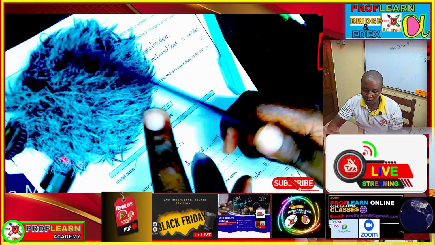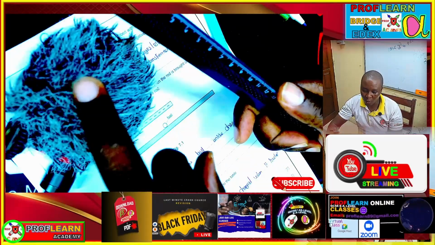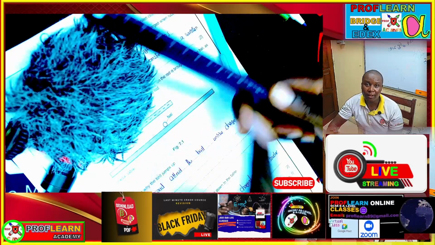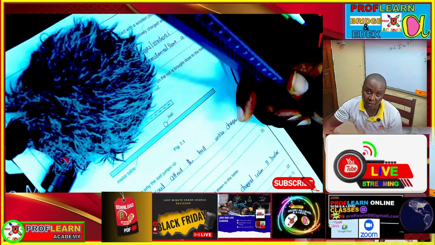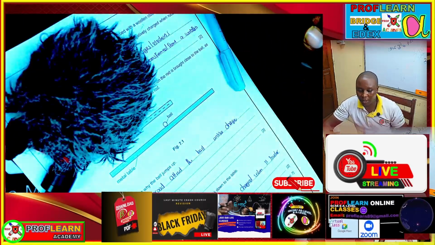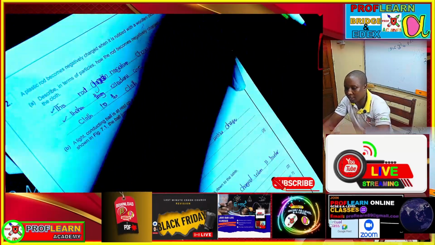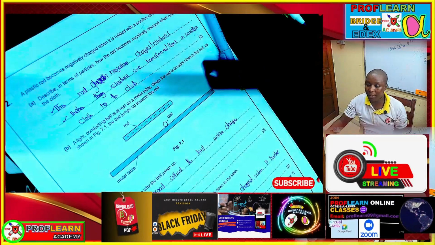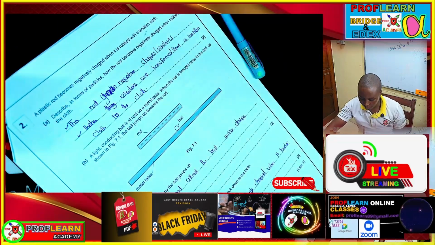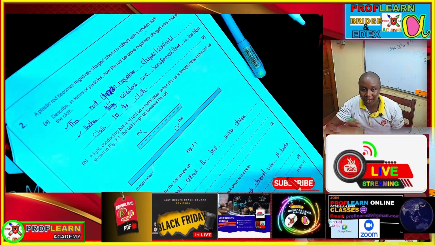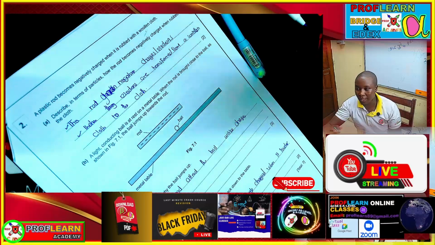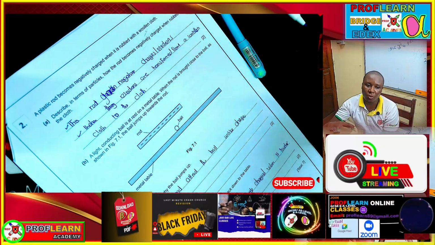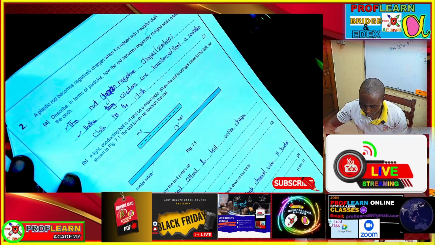If electrons are transferred from the woolen cloth to the plastic rod, the plastic becomes negatively charged and the woolen cloth becomes positively charged. So anytime you are doing a question to do with charging materials, remember materials are charged due to friction, and where electrons are transferred to, that material becomes negatively charged, and those materials which lose electrons become positively charged.